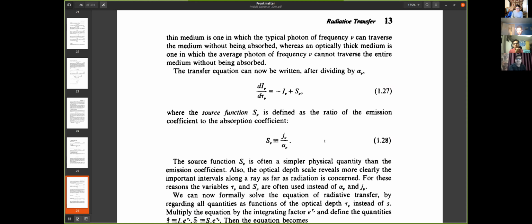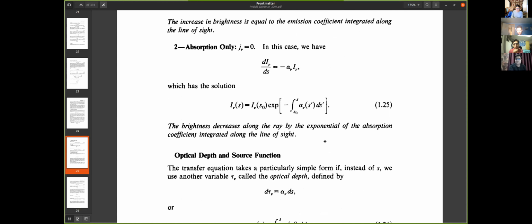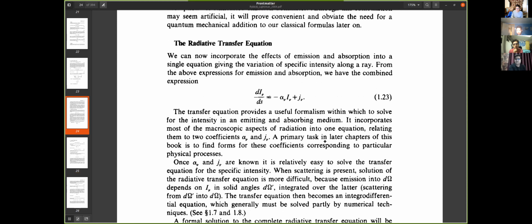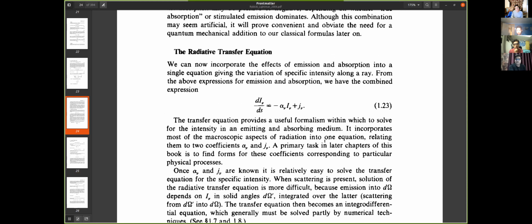So when you write the radiative transfer equation, what is written in equation 1.3, dI nu by ds equals minus alpha nu I nu plus j nu. If you divide this equation by alpha nu, then the equation becomes dI nu by d tau equals minus I nu plus j nu by alpha nu.